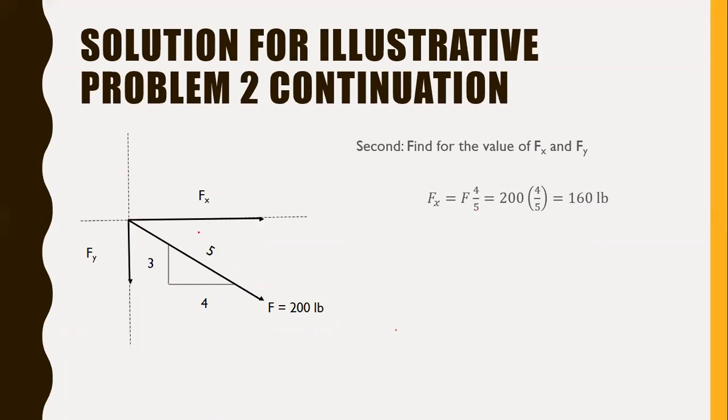This one is your Fx. Therefore, 4 over 5 times 200 is 160 pounds. For Fy, we have negative F times 3 over 5, equal to negative 200 times 3 over 5, which is equal to negative 120 pounds. What have you noticed? You have arrived at the same answer.